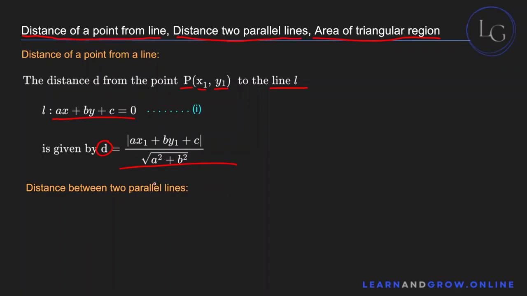plus b square. So basically what that means is that a is the coefficient of x in the equation of the line, x1 is the x value of point P, this b is the coefficient of y in the general equation of the line, and this y1 is the y value of the point P, and this c is the constant, the remaining constant of the general equation.